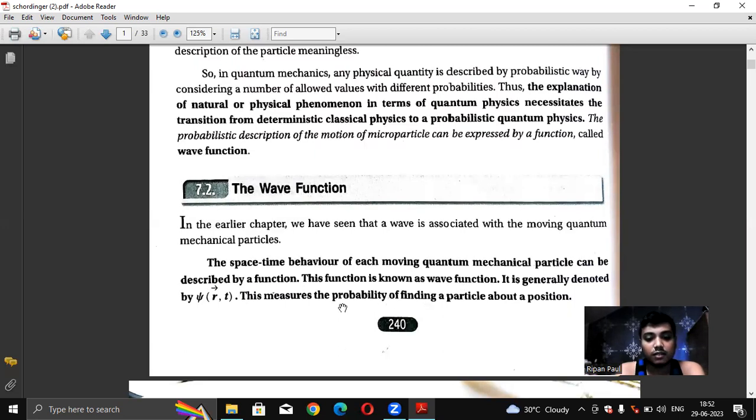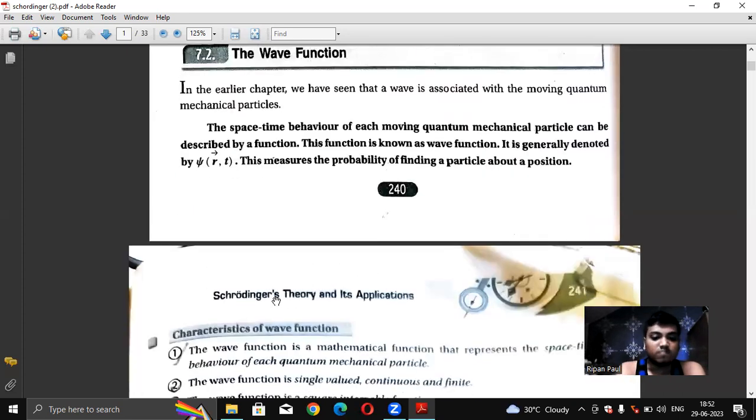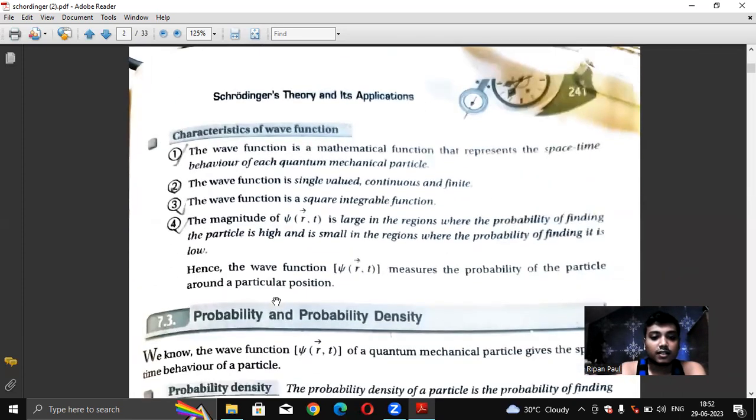It is a measure of the probability of finding a particle about a position. This is the symbol used for the wave function, psi(r, t), where r is the position vector and t is the time.